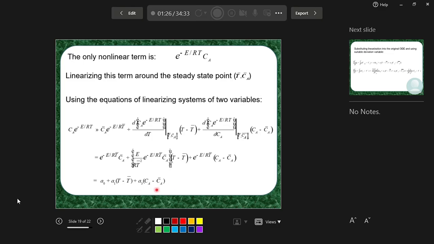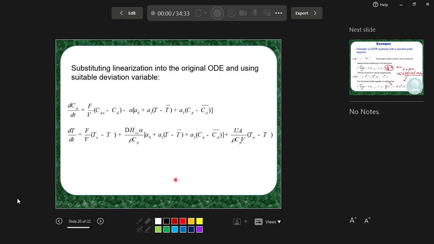Now we can take this linear representation of the term and substitute it in the two differential equations that we have developed. So replacing it for the first equation and replacing it for the second equation. Now these two differential equations are linear and can be solved using the Laplace transform.